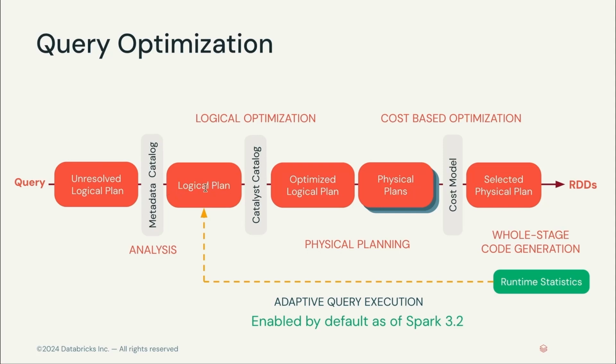Then, as we go to the logical plan, as opposed to the unresolved, we actually have a logical plan. What's going to happen now is that there's going to be an examination of the metadata, the catalog, to determine whether the syntax, the requests that are being made on specific data, are valid. There needs to be an analysis of the catalog of data, the metadata, that says, okay, what are the columns, what are the table names, what are the data types, what are the column names, and so forth.